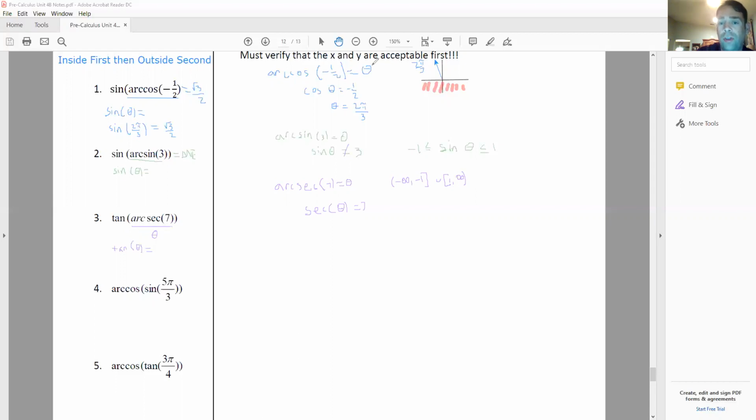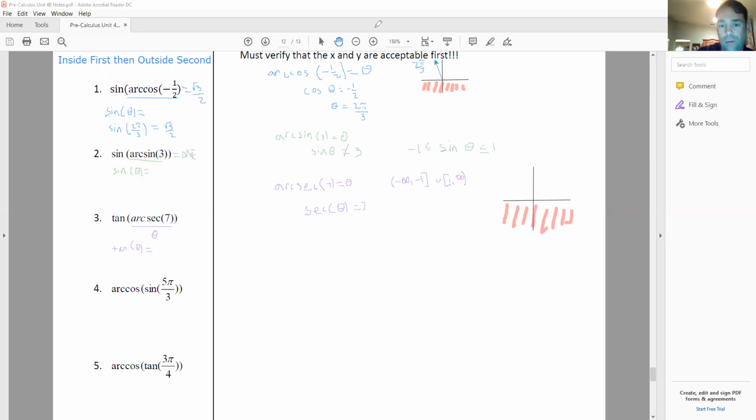So in this case, secant is the reciprocal of cosine. So that's going to be what we're going to end up drawing here. So think about where cosine is. Therefore, that's also going to be where arcsecant is. So I'm going to stay out of this right here.